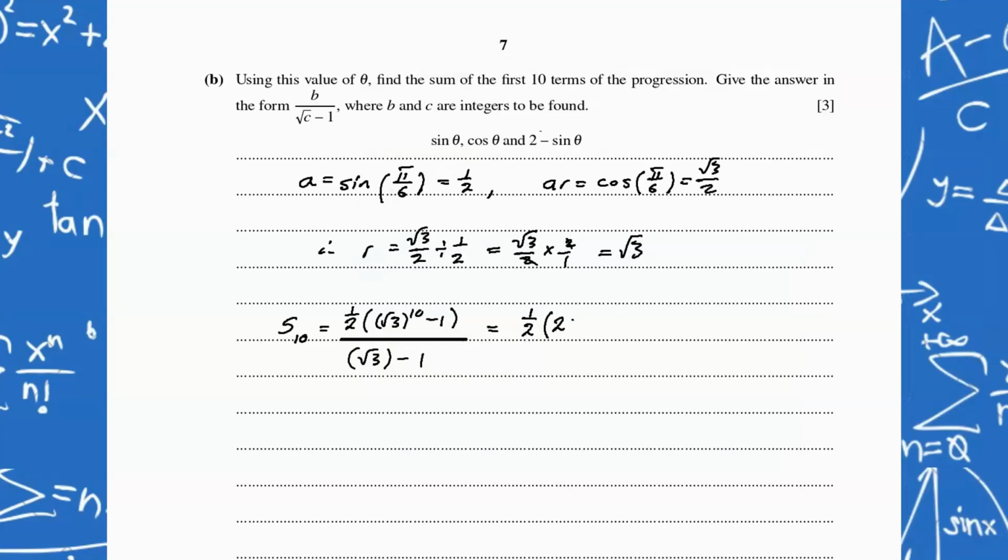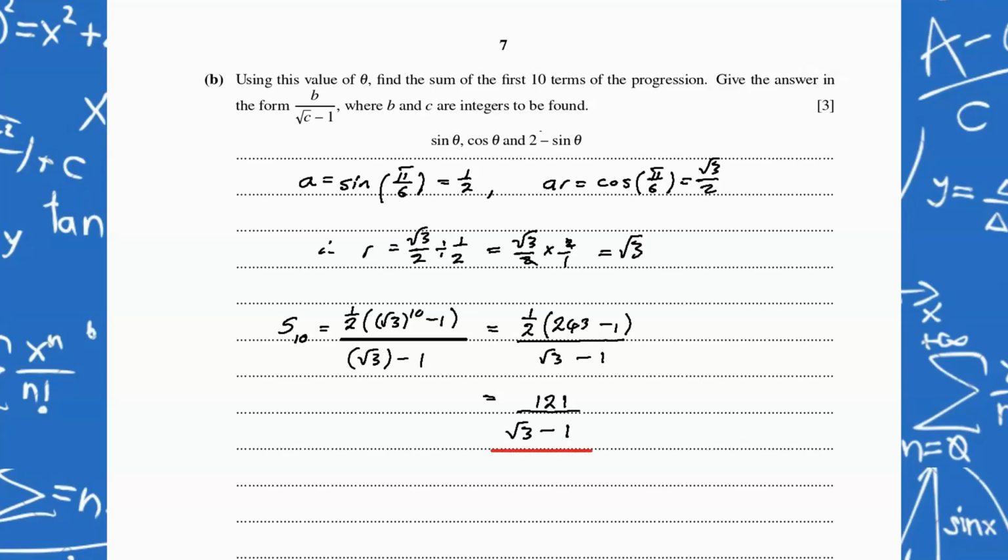So we have 243 here, minus 1, and it's over root 3 minus 1. So basically we have half of 242, which is 121, over root 3 minus 1. So this is the answer right here.